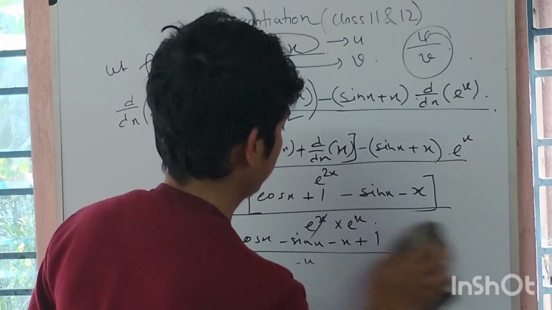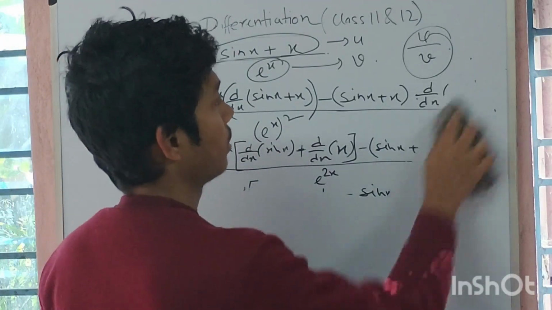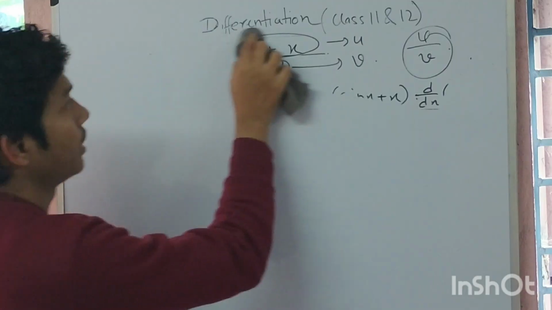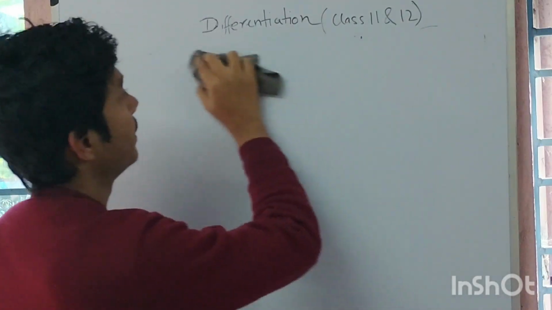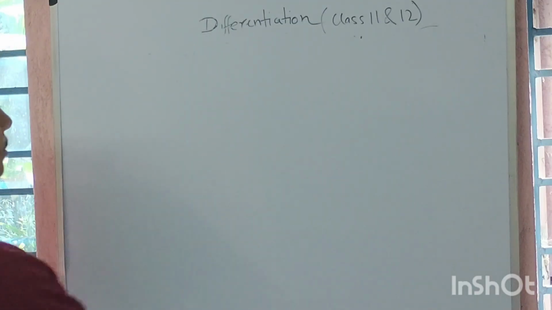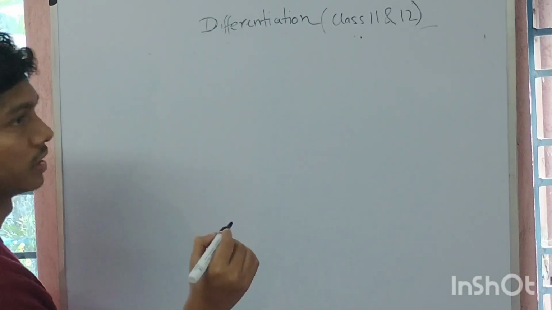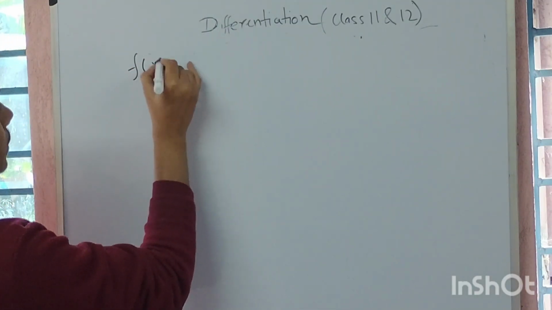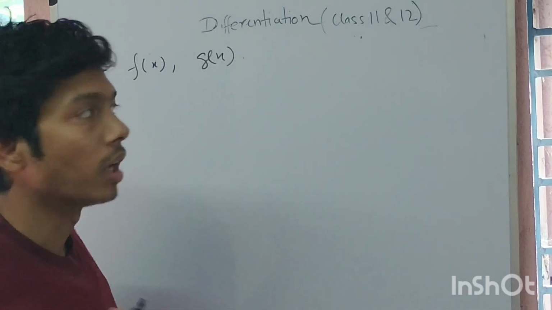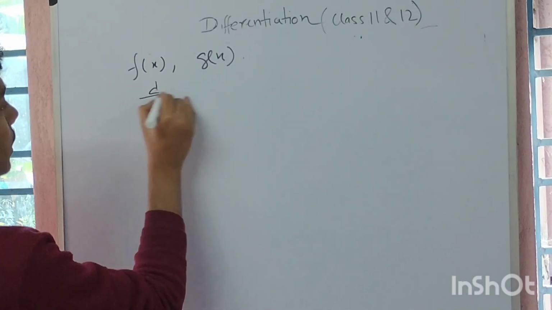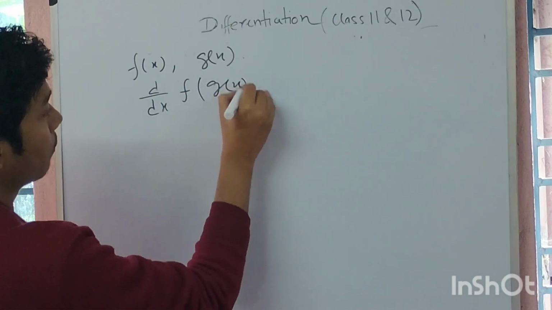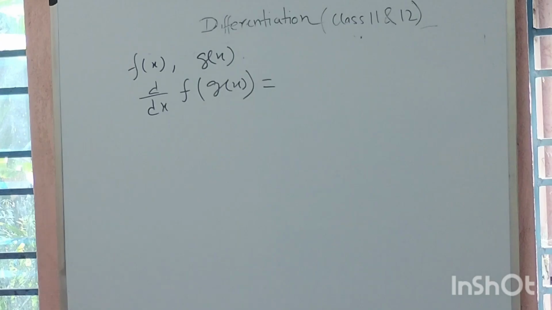Now I'm going to tell you a very interesting thing that's called the chain rule in derivatives. That is, if there are two functions, f(x) and g(x), and you want to take the derivative of f of g(x), then what will you do?